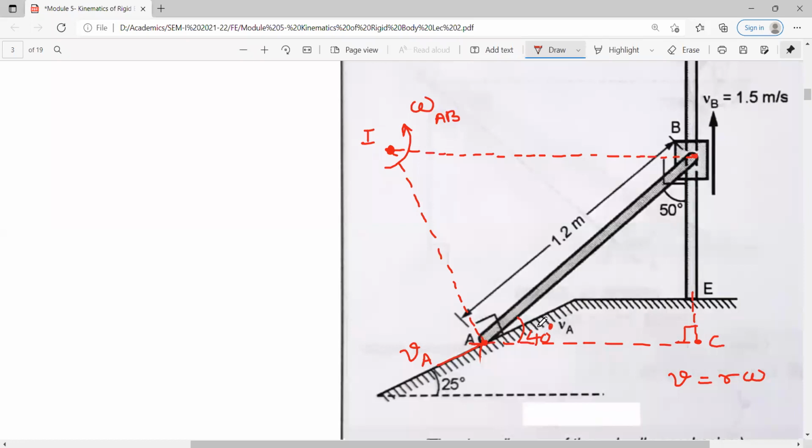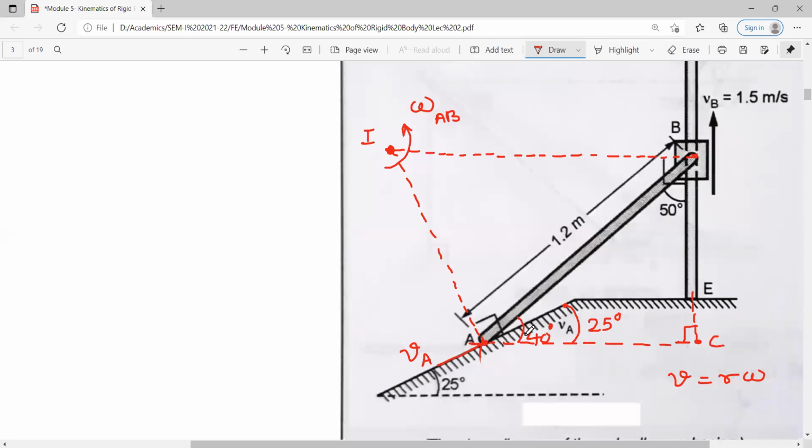Okay, and the angle between the horizontal and the inclined surface is given as 25 degrees.